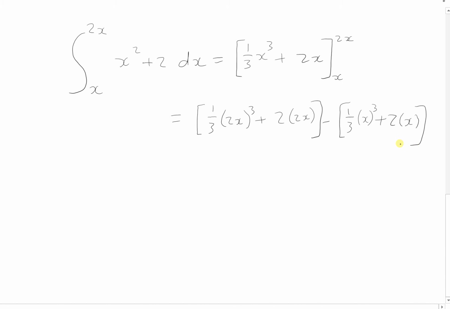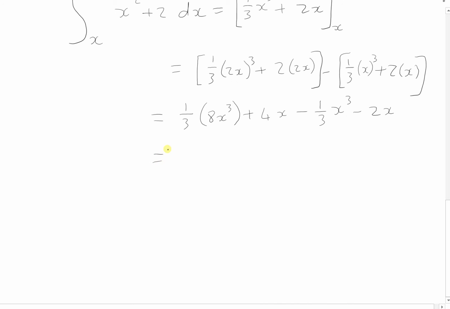Okay, so what I've got over here is basically 1/3 multiplied by 8x cubed plus 4x, minus, and I'm going to just open the parentheses now, minus 1/3 x cubed minus 2x.